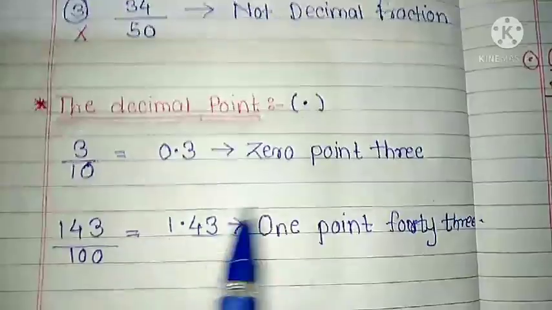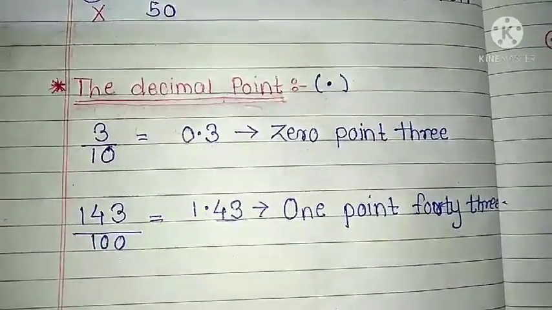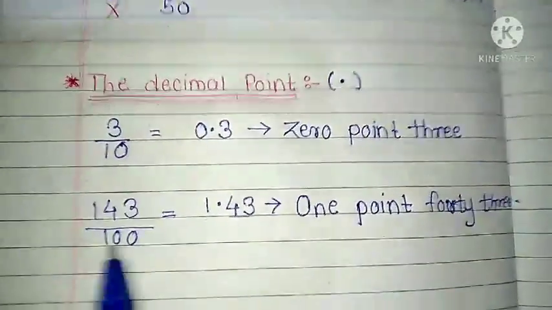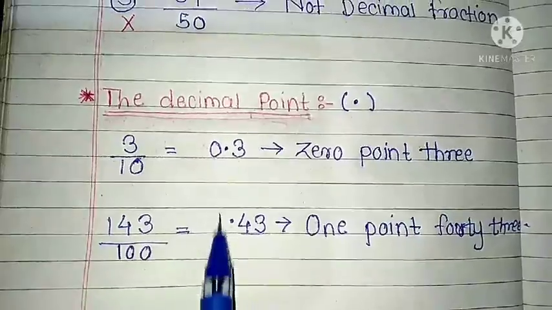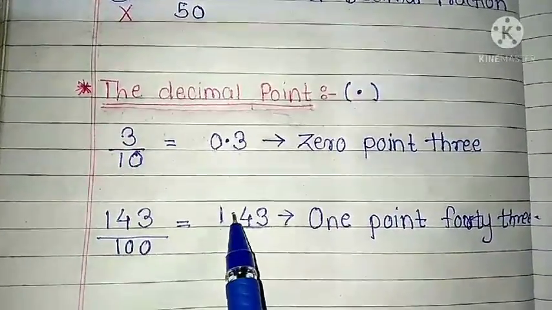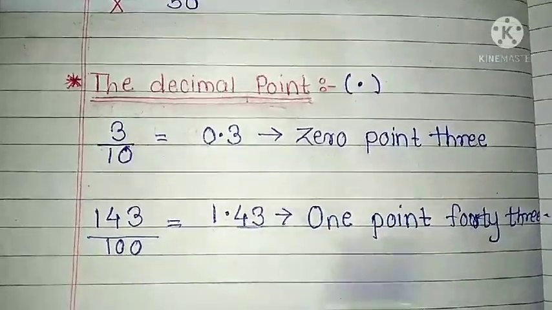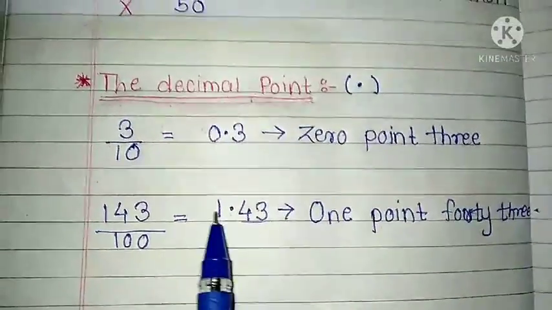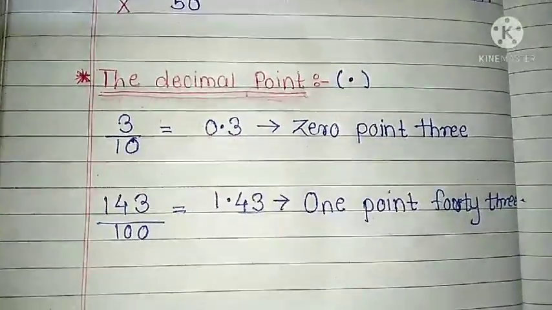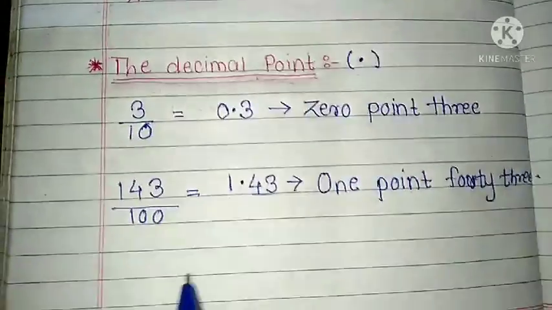This point is very important in the decimal format. It is read as 1, the complete number. After the complete number comes the decimal point, read simply as point, and the next numbers are read as they are: 1.43.